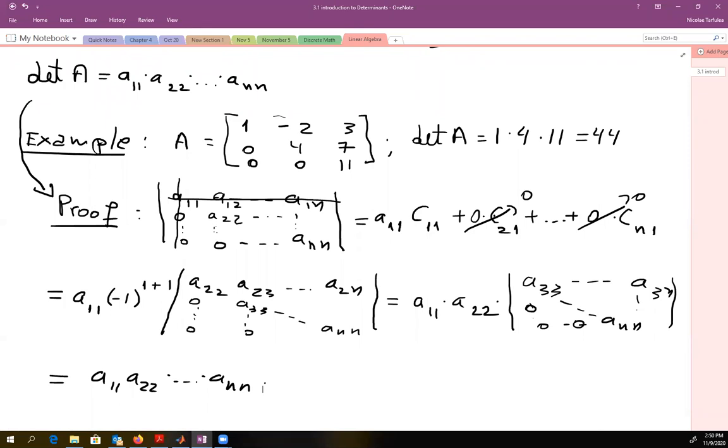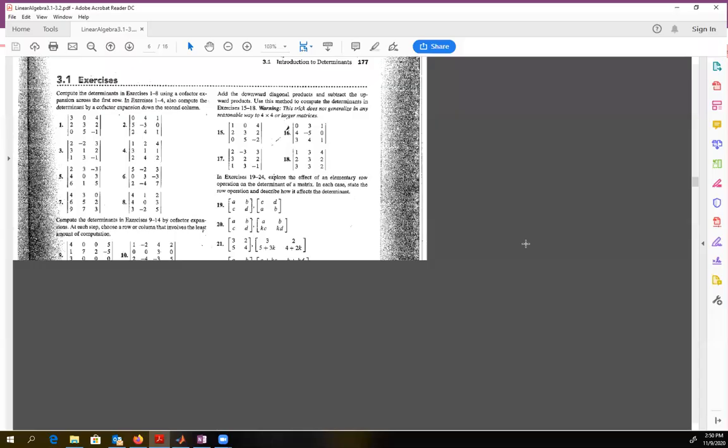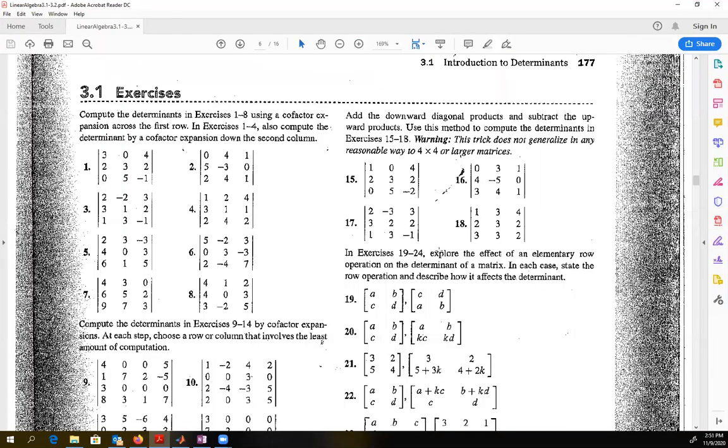Now, we can go over a few problems from the textbook, because I scanned the exercises in the textbook. Let me see if I can find them. Yeah, I found them. Here are exercises and problems from this portion.